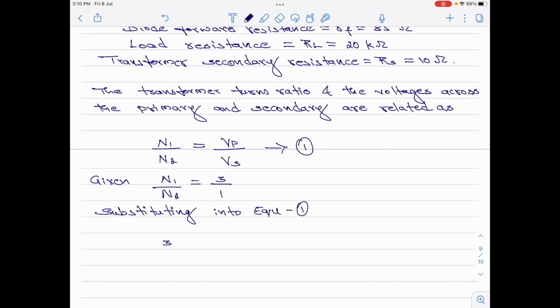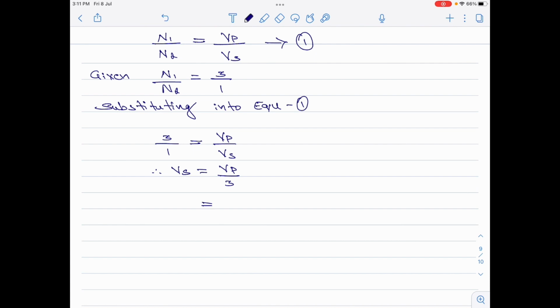So it would be 3 divided by 1 equal to Vp divided by Vs. Therefore, Vs is equal to Vp divided by 3, and since Vp is equal to 230 volt, the value of Vs is equal to 76.667 volts. Please note this is the RMS voltage across the secondary.